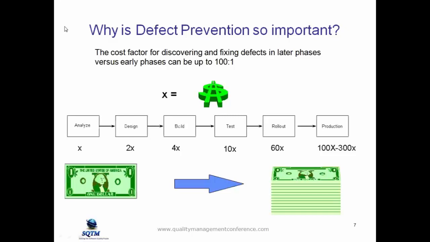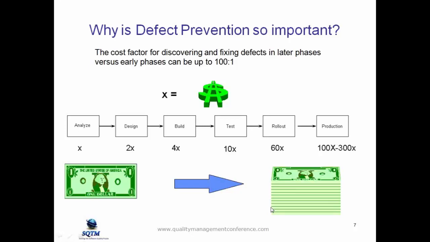You can see this slide here, why defect management or defect prevention is so important. If you look at the amount of money that it takes in order to fix a defect, the further down the SDLC, the higher it gets. Let's take an example of you find the defect in the analyze phase, which means that it's typically a requirements-related defect. If you find that defect within that phase, the cost to fix it is pretty minimal.